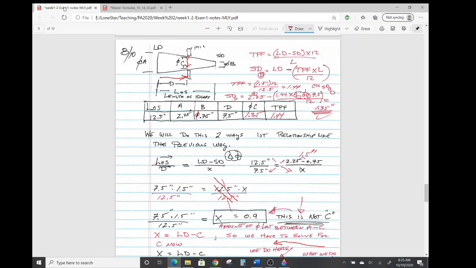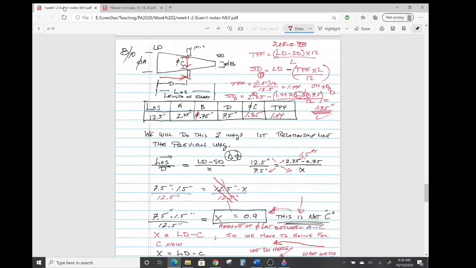So for taper per foot, what do we have? We've got 2.5 minus 0.75, right? Remember that? The large diameter is 2.25, minus 0.75.